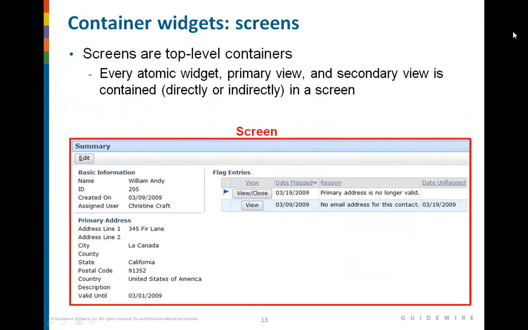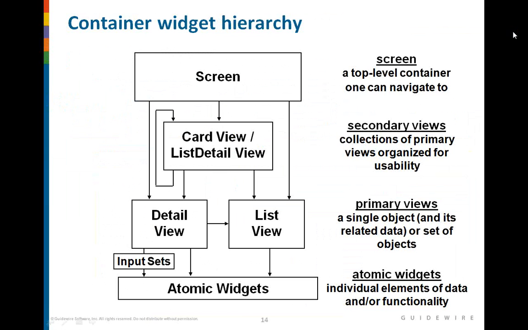So what does a detail view consist of? A detail view again consists of a collection of atomic widgets. So this is the complete hierarchy in which we handle how exactly the information will be rendered or displayed in the interface. The screen is the top level container, and the user can navigate to it.